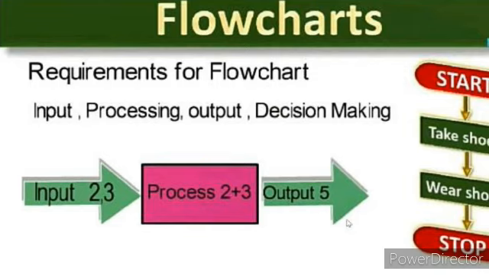For example, you are going to add two values. Then our inputs will be 2 and 3. This is the first step, and the second step is processing. We are going to add these two values, like 2 plus 3, so this is the process. Our output is 5, so this is our third step.